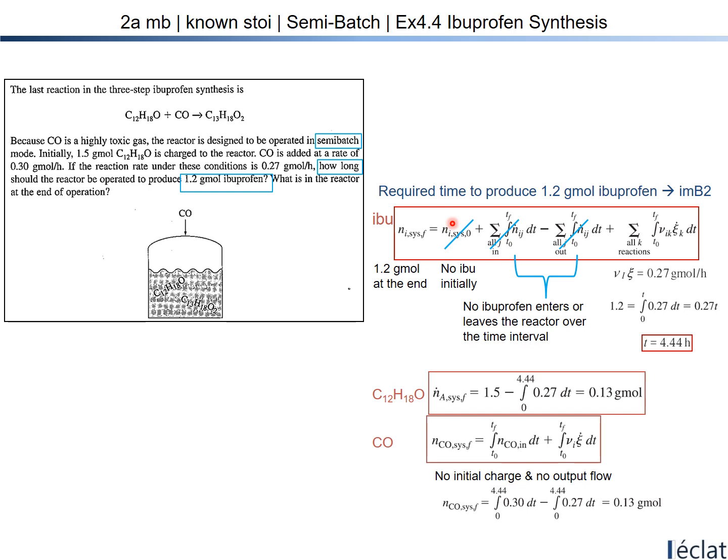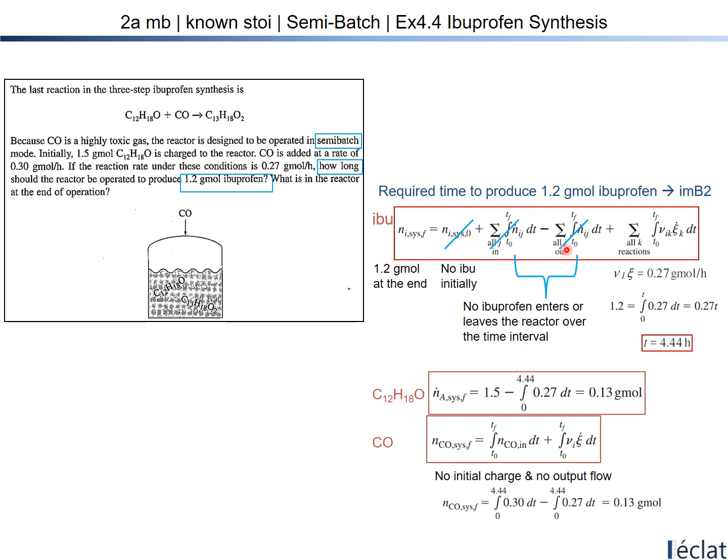is the accumulation term, equal to input minus output plus generation term. The final amount of ibuprofen is 1.2 gram mole more at the end of the reaction. So that is our target. At the very first time, we don't have any ibuprofen in the reactor.